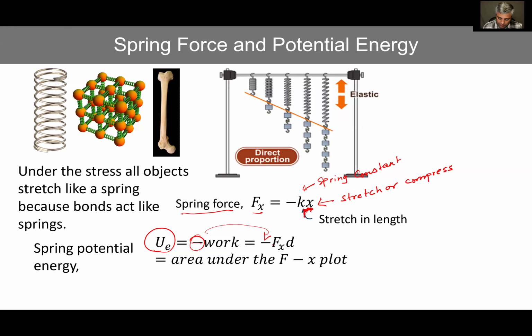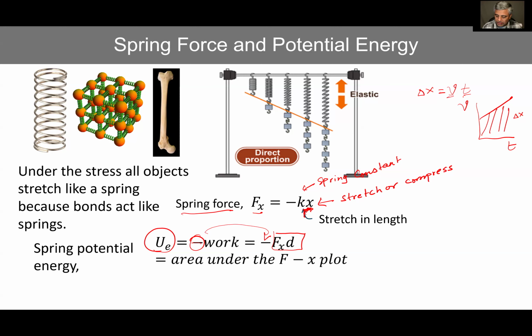So how do we find work done here? See, this is product of force and displacement. When we have a product of two things, for example, we had a product of velocity and time, which gives us displacement, we said we can make a velocity versus time graph and find the area under that, and that gives us displacement.